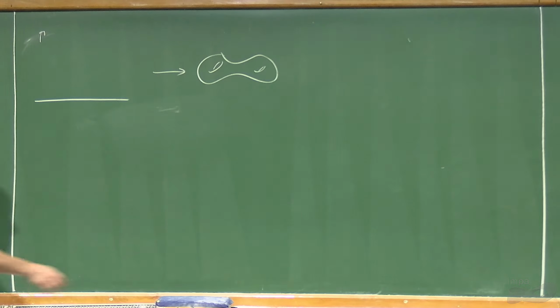Suppose that we have two charts with overlapping domains. This one is for the first projective structure, and this one is for a second projective structure. This takes values in P1, and this also takes values in P1.